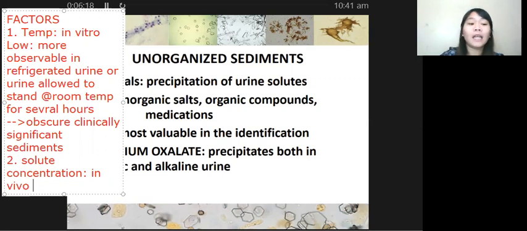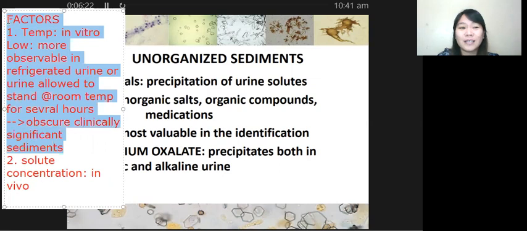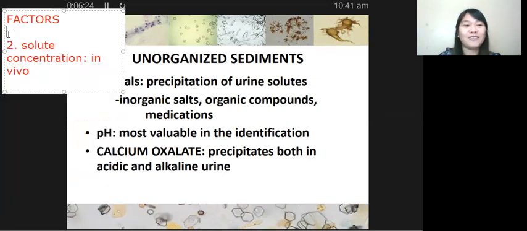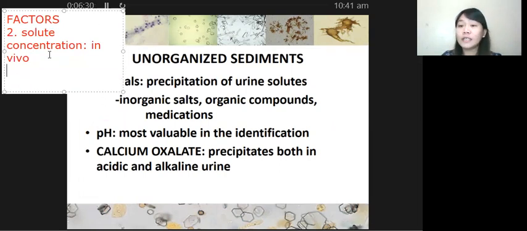Alright? So in particular, class, baka naman pwede ko nang erasein ito kasi wala na akong space. Okay, ayan, in-erase ko na. Alright. So, in particular, ano ang kino-consider natin when it comes to your solute concentration? Kung sa temperature, low temperature ang kino-consider natin, sa solute concentration, ang kino-consider natin ay increased solute concentration.